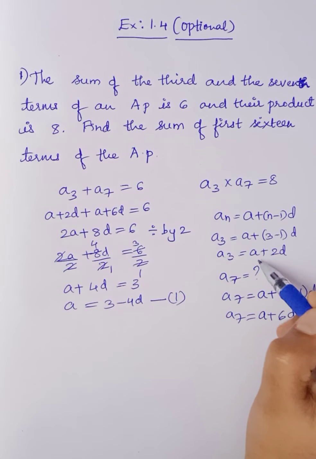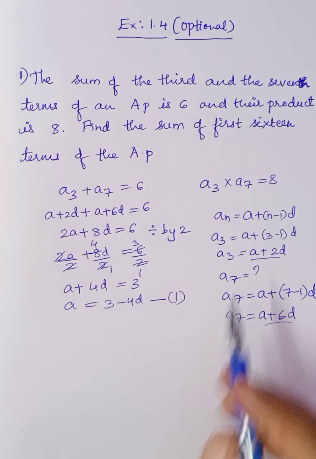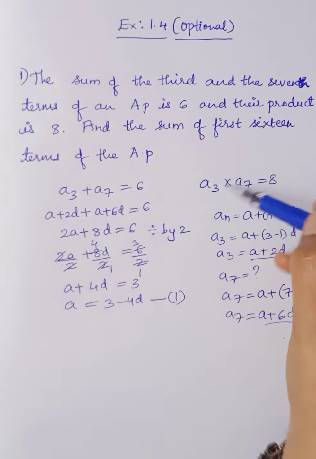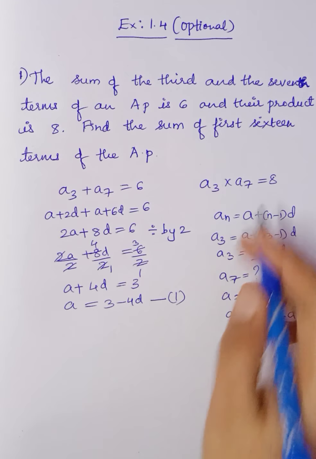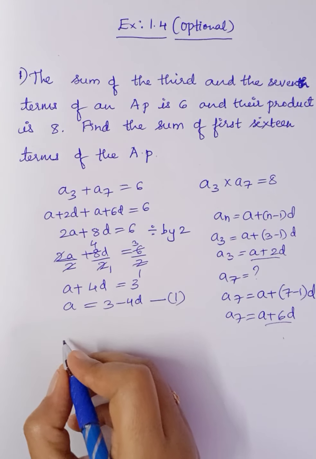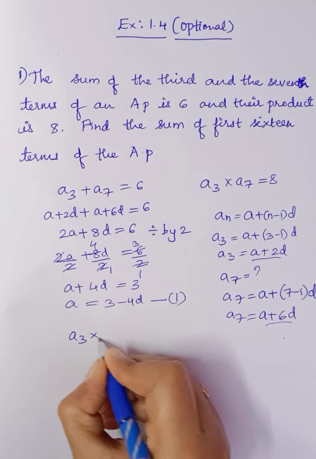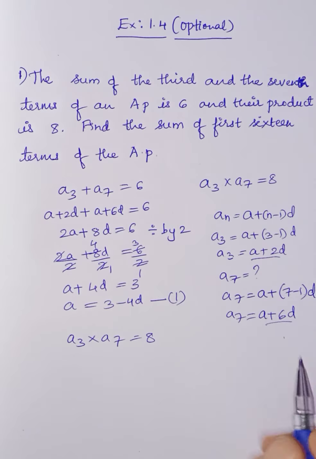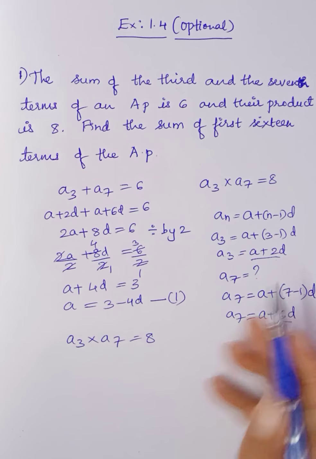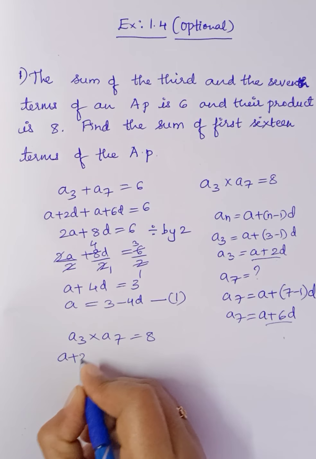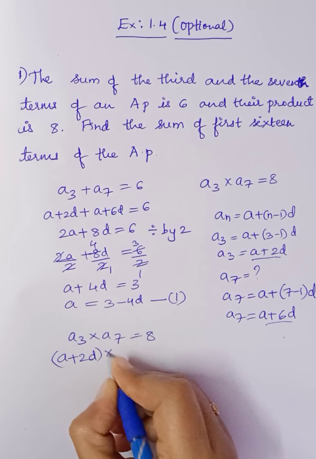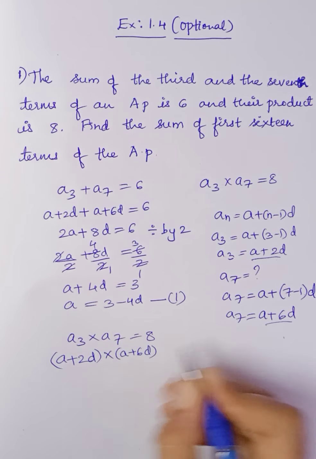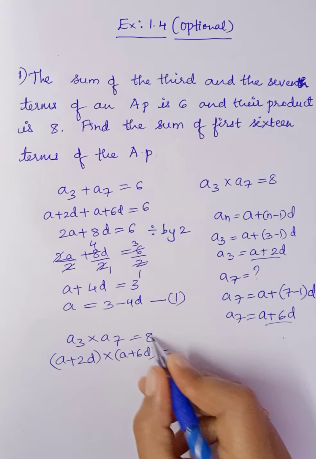These two values I am already having, A3 and A7, so I am going to substitute them in the product. So A3 into A7 is equal to 8. This part I am taking, the product part. A3 value I have got a plus 2d, so write here a plus 2d into A7, which is a plus 6d. Values I am substituting, which is equal to 8 as it is.